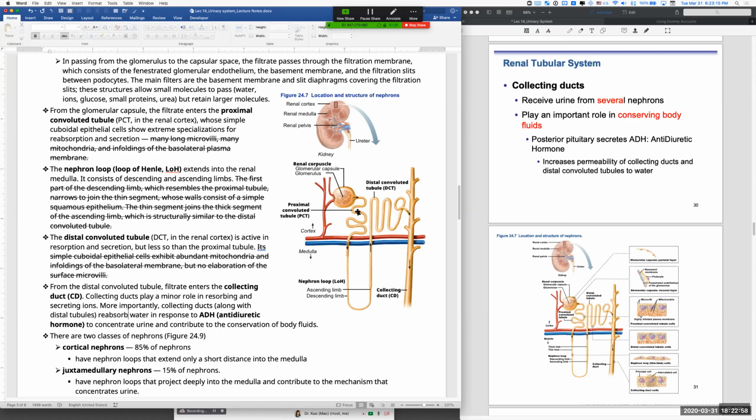You have to understand that there's a lot of ions that get filtered into the Bowman's capsule, and then a large majority of it is reabsorbed back into the body, back into the bloodstream first, right? Along with water. So that helps your body retain water. And the details of that, I don't want you to worry about until you get to physiology.